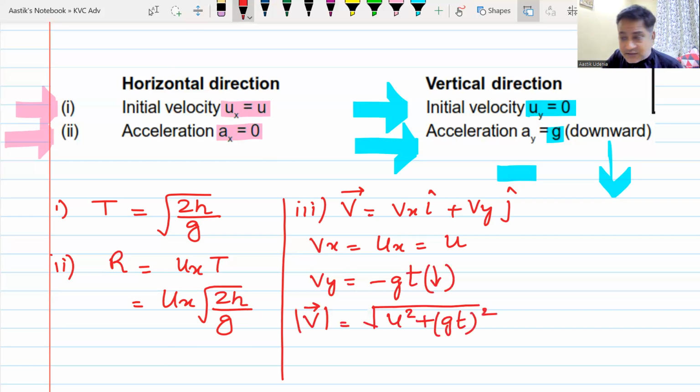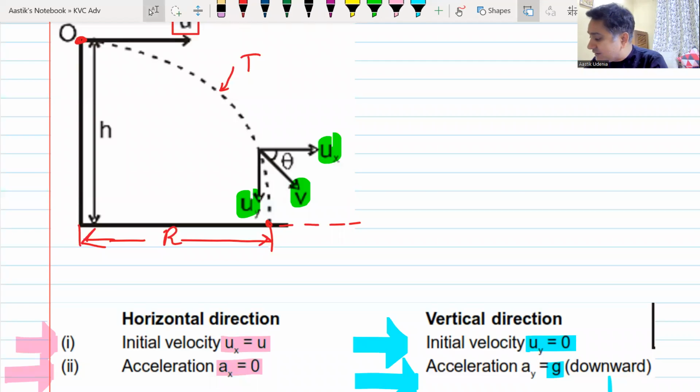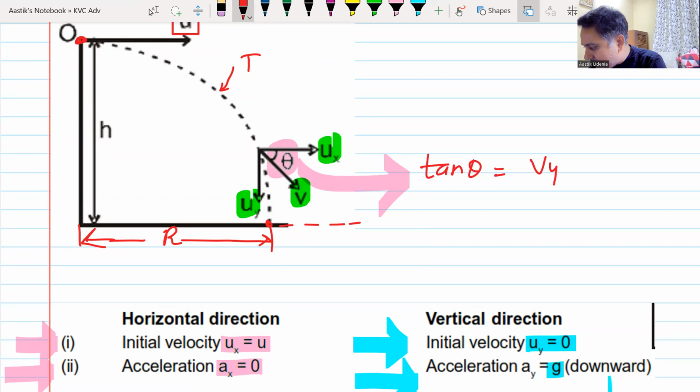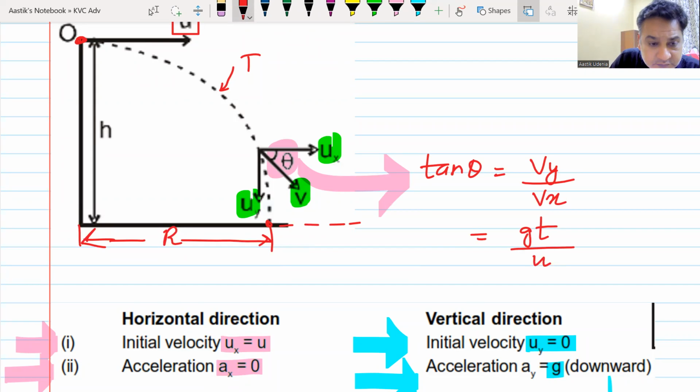This is the angle that I'm talking about, theta. Tan of this theta will always be given by vy by vx, so it will be gt divided by u. These are the things that you must remember so that you can solve the question fast.